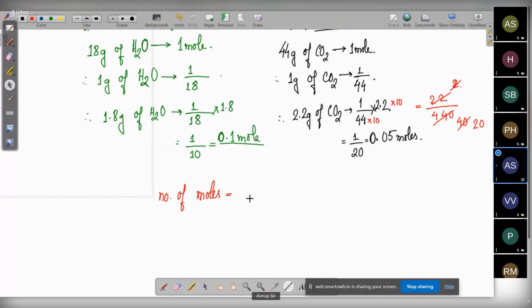In the two examples that we did, 18 is the molecular weight of water, and 44 was the molecular weight of carbon dioxide. So in the denominator we have the molecular weight of the substance.